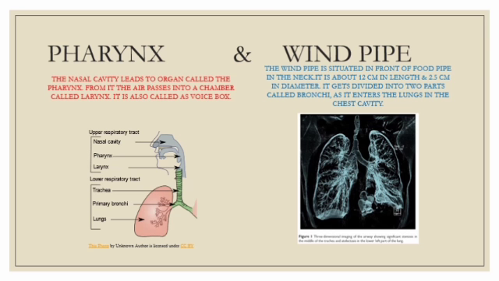The opening of the pharynx into the larynx is guarded by a valve which is called the epiglottis.